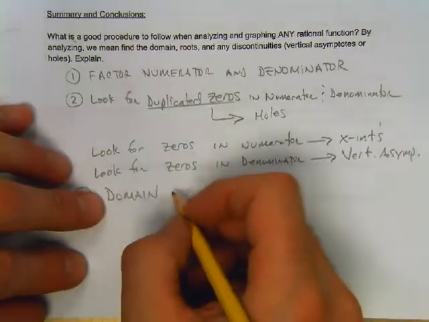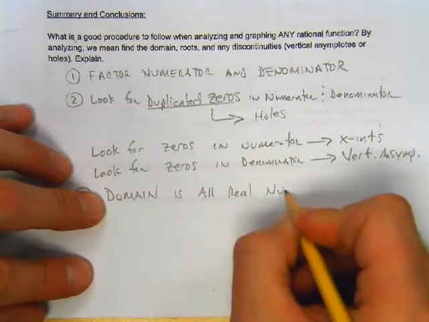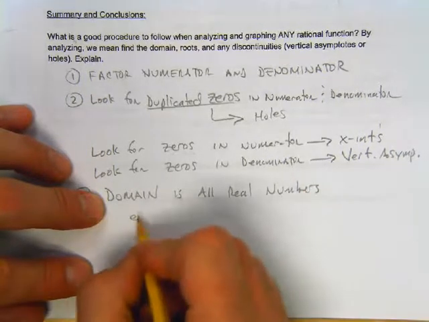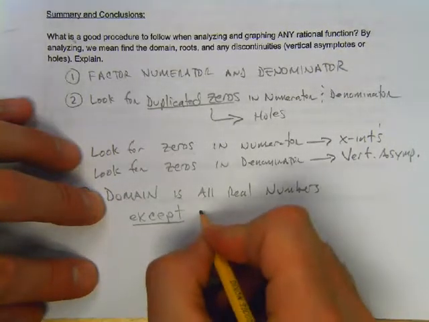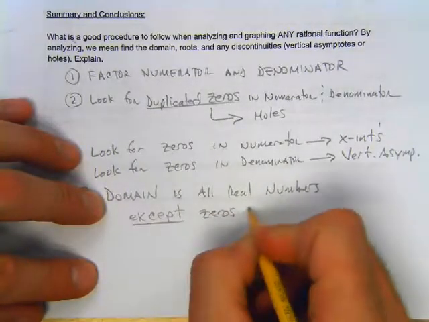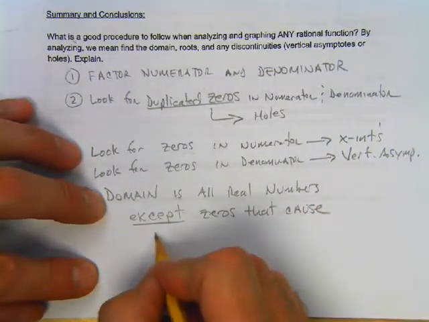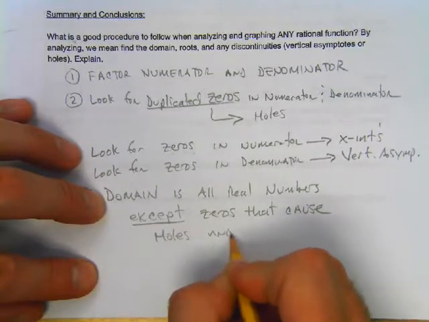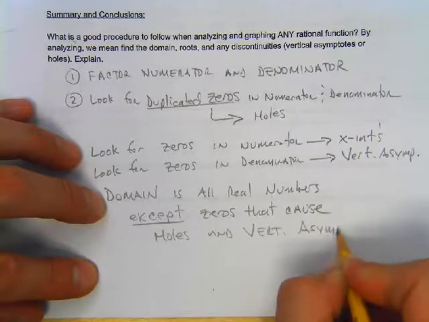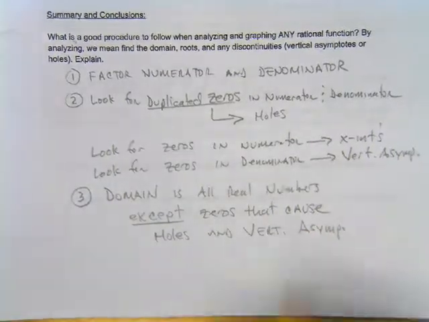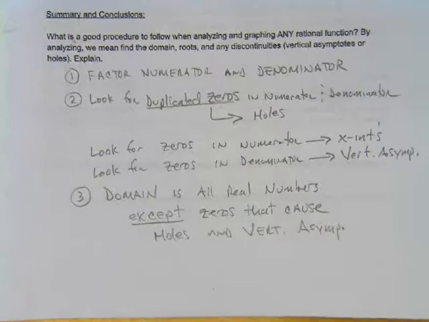And so what we say is the domain is all real numbers except zeros that cause holes and vertical asymptotes, because those are the only places where the function doesn't exist. Okay?